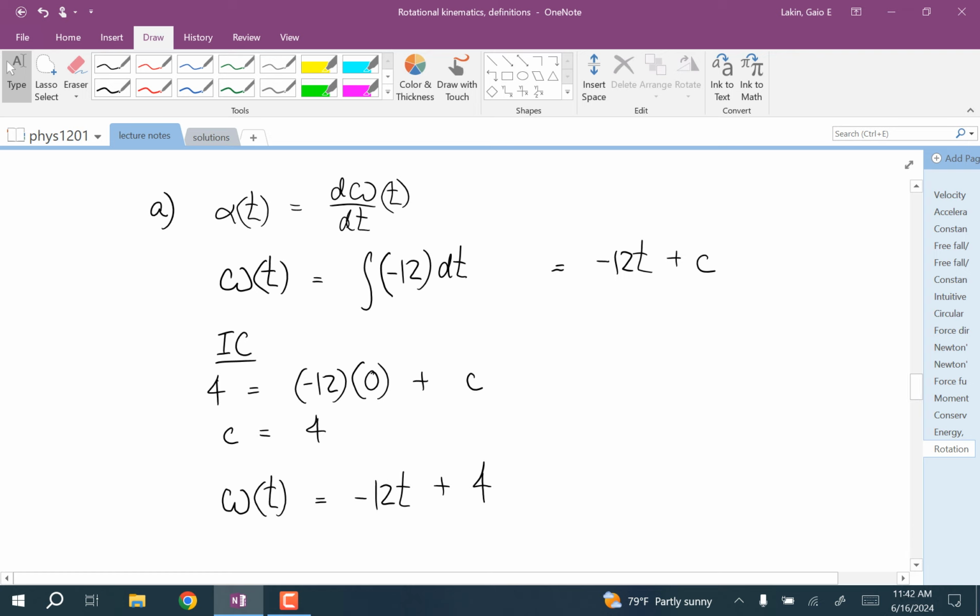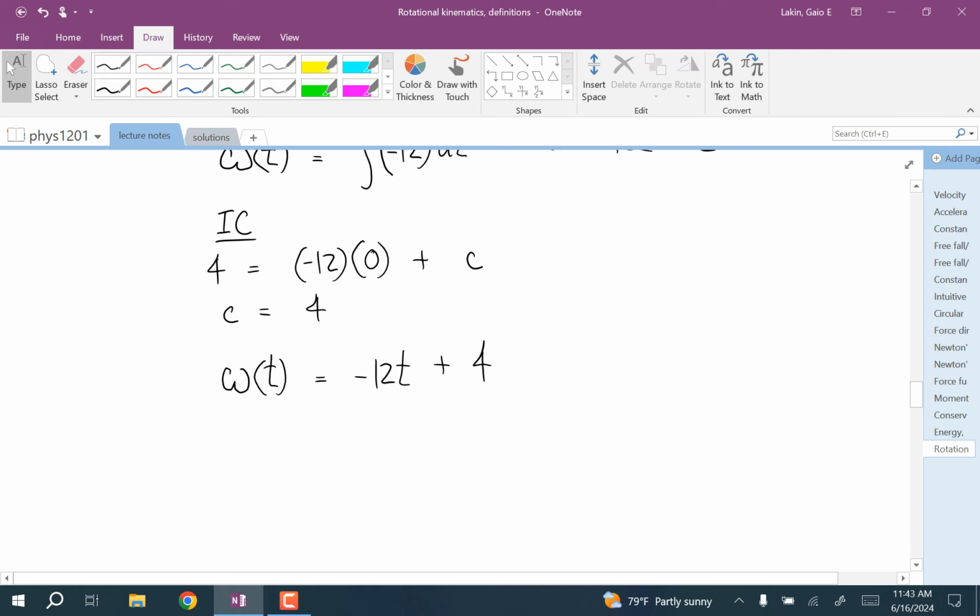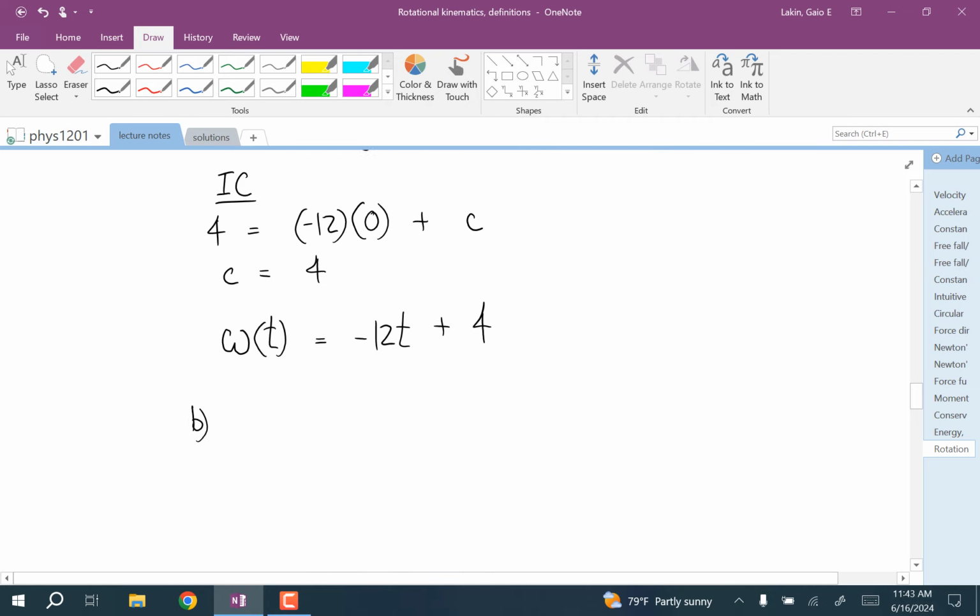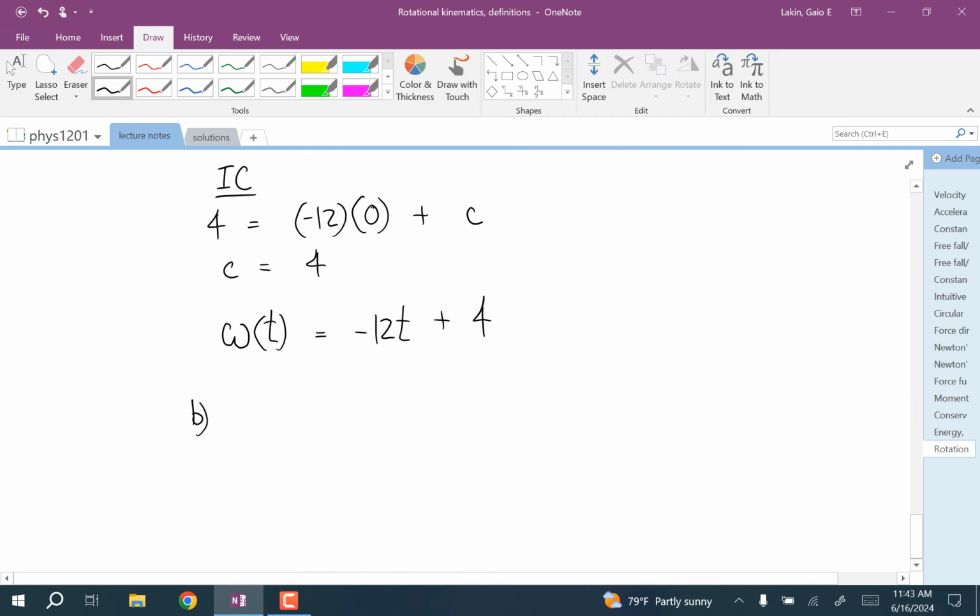Now next we want to see specifically what's happening at 5 seconds. So for omega at 5 seconds, we have negative 12 times 5 plus 4. Negative 12 times 5 is negative 60 plus 4, so we have negative 56 radians per second.